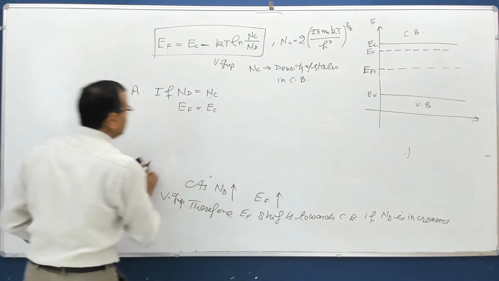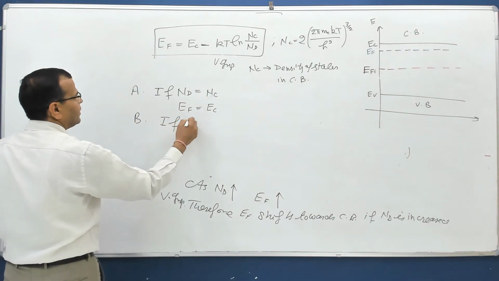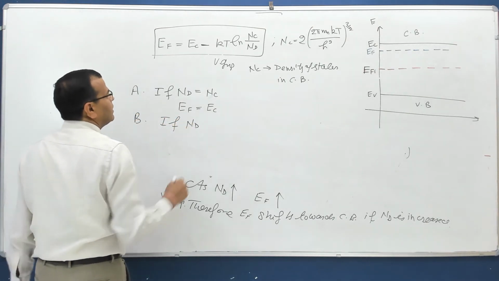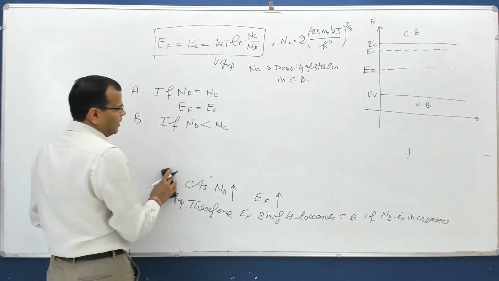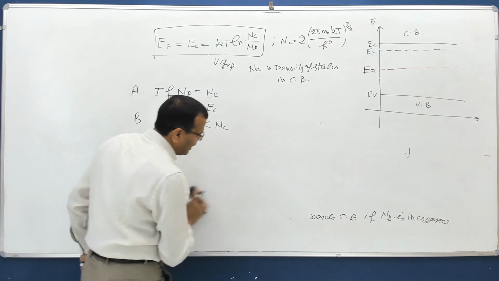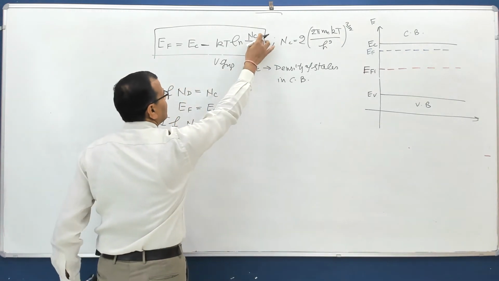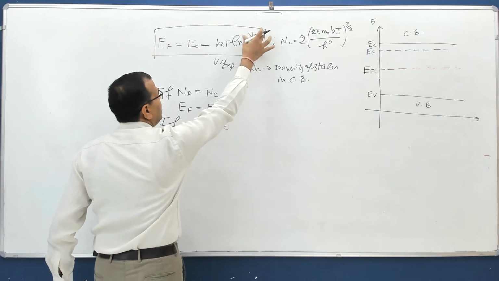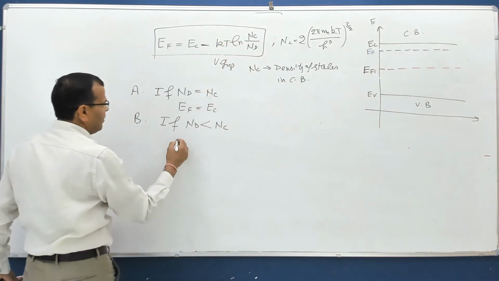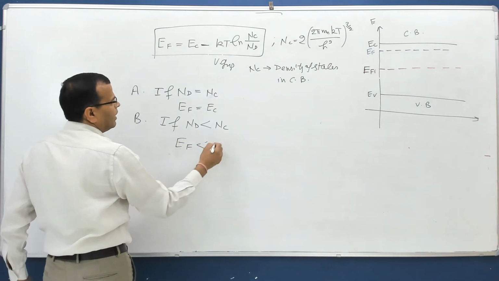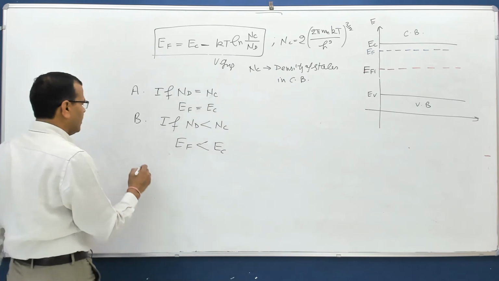Then this is sub case 2B: if ND is less than NC, the donor concentration is less than the density of states in the conduction band. This is less, this is more, so this will become more than unity, so the log will be positive, so the Fermi level will be less than the lowest energy level of the conduction band.